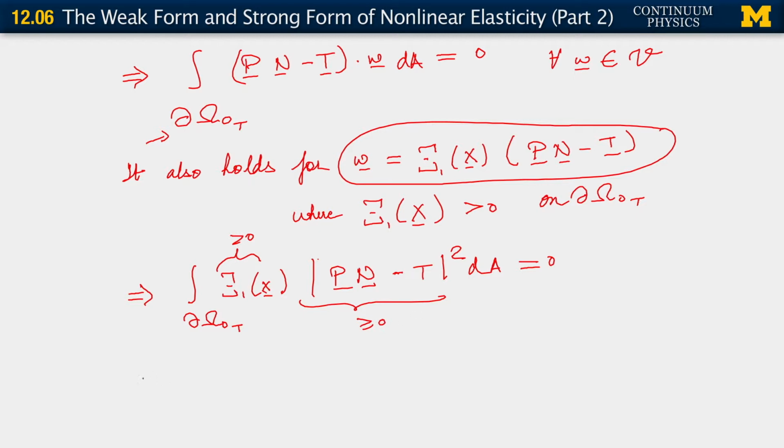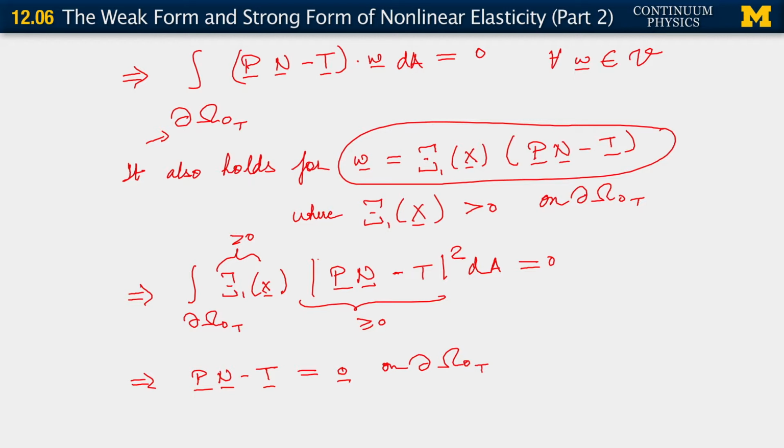The only way this can work is if that integrand or the Euclidean norm is exactly equal to 0, which means that Pn minus T has to be equal to 0 on partial omega naught T.